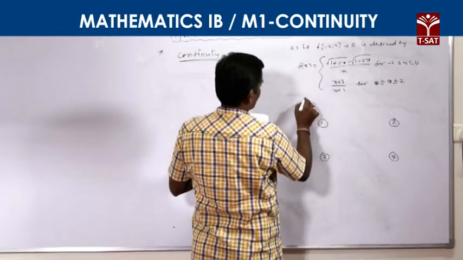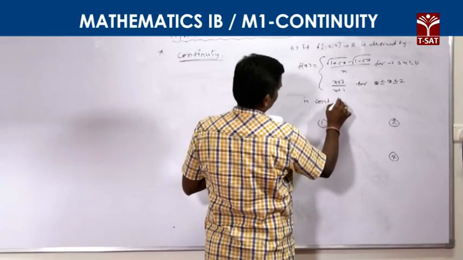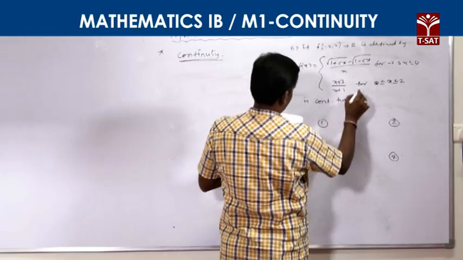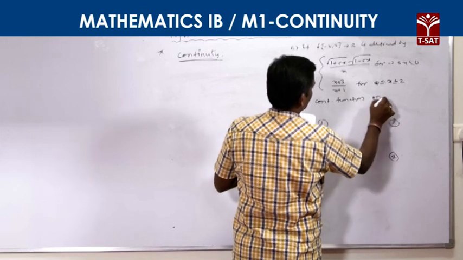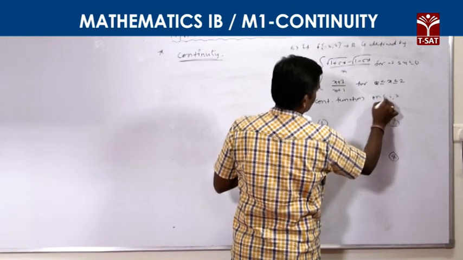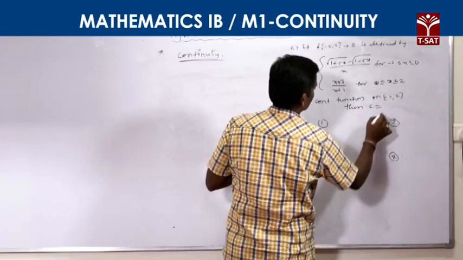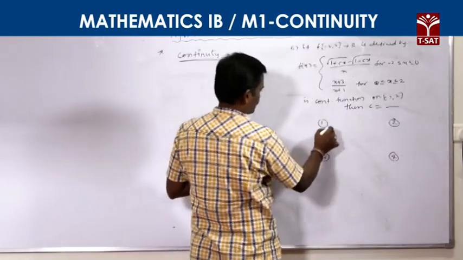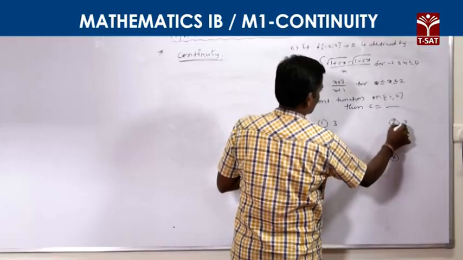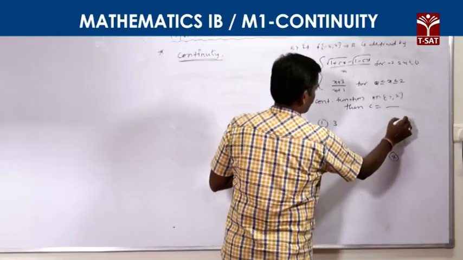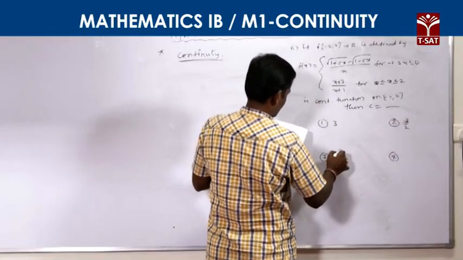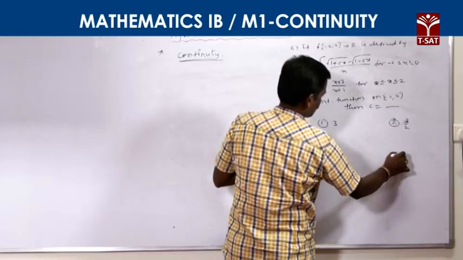It is a continuous function on the closed interval minus 2 to 2, then c equals. First option is 3, 3 by 2, 3 by root 2, 2 by root 3.